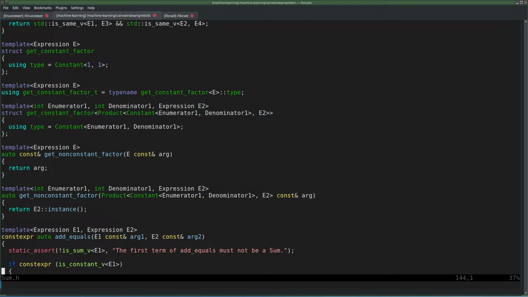Obviously, I should not be using this anymore. Get non-constant vector.